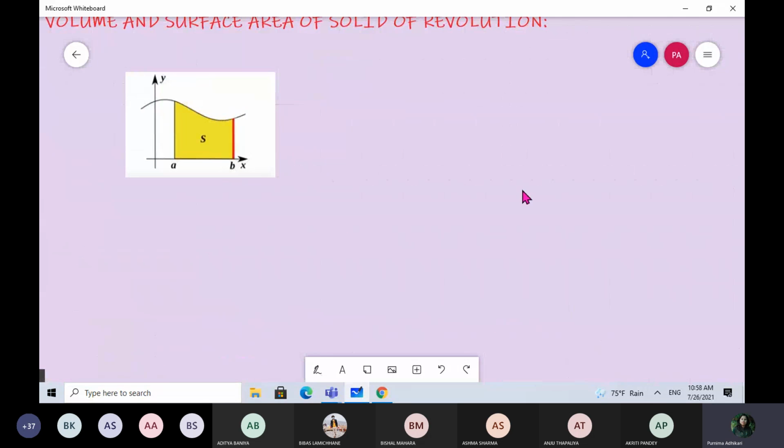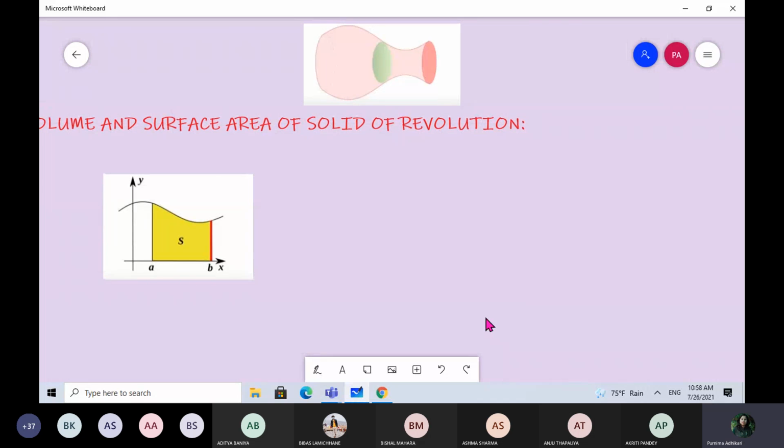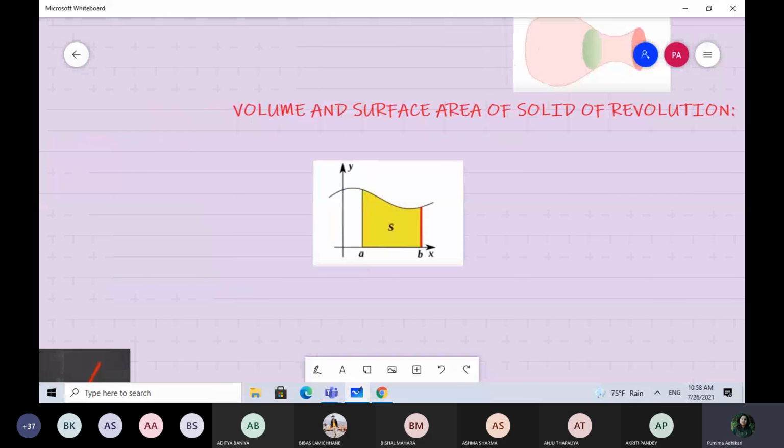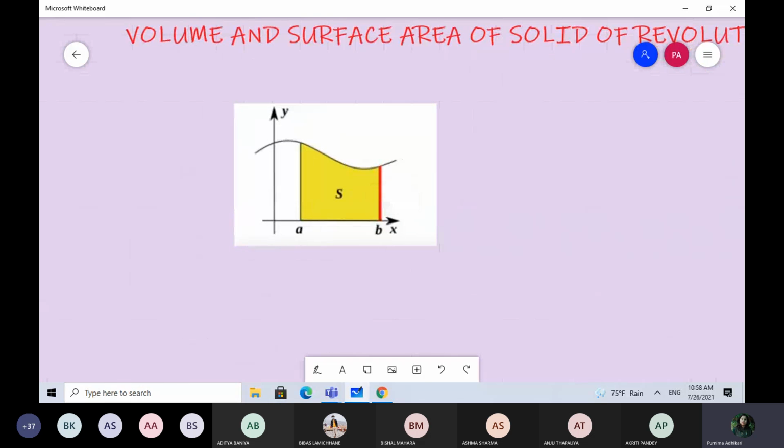Okay, now let's discuss something important. Now we have to talk about the formula for volume and surface area. Now actually what is happening, this curve is rotating about x-axis. So because we have to use integration, the logic of integration is that it divides your curve into infinitely small portions, isn't it?